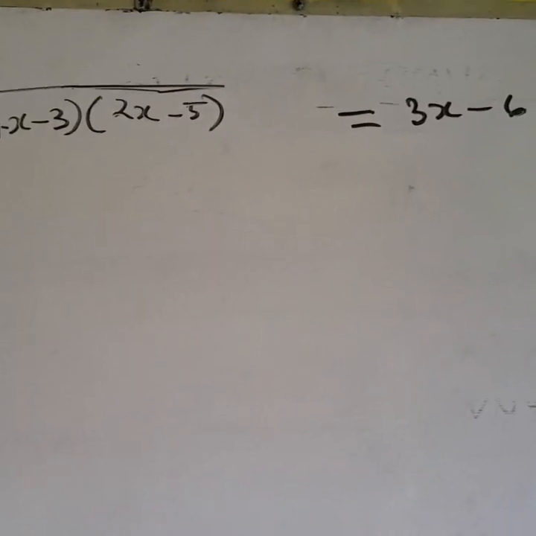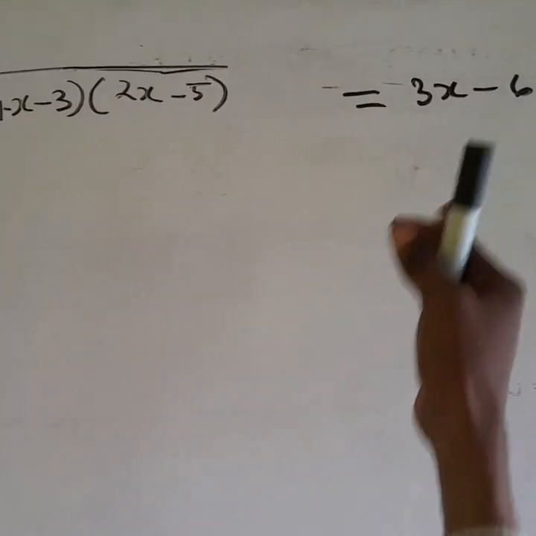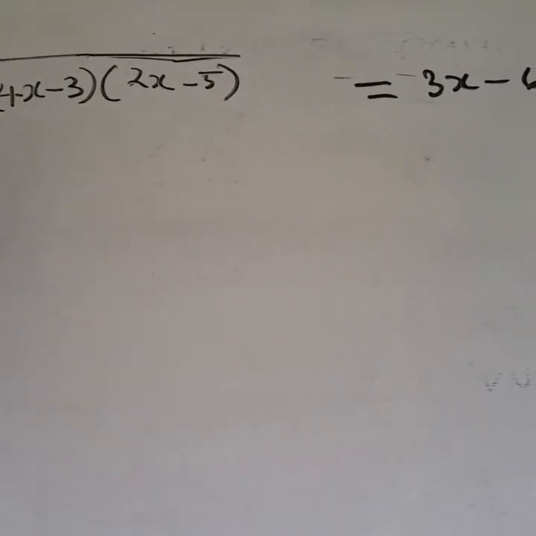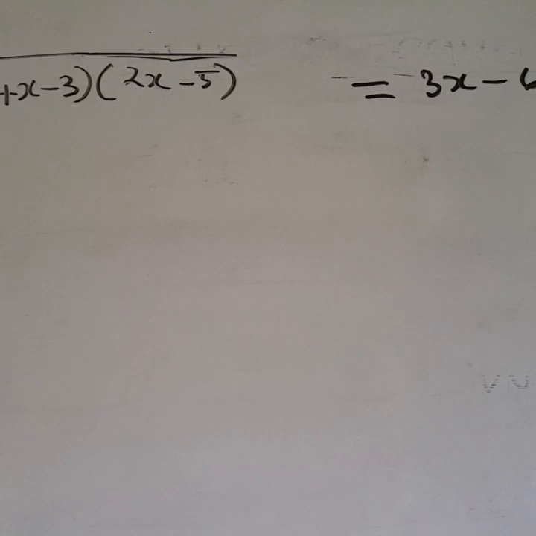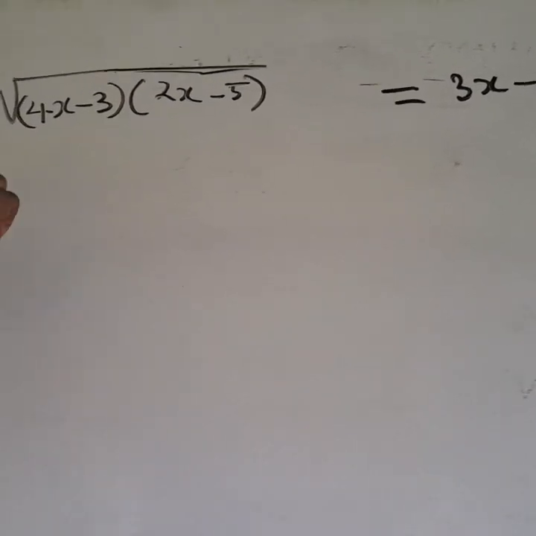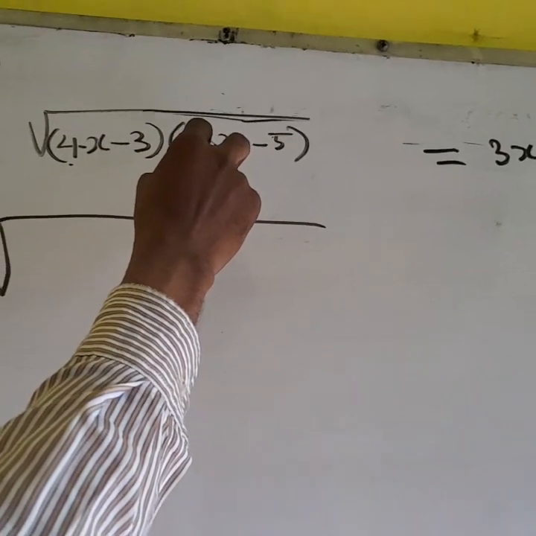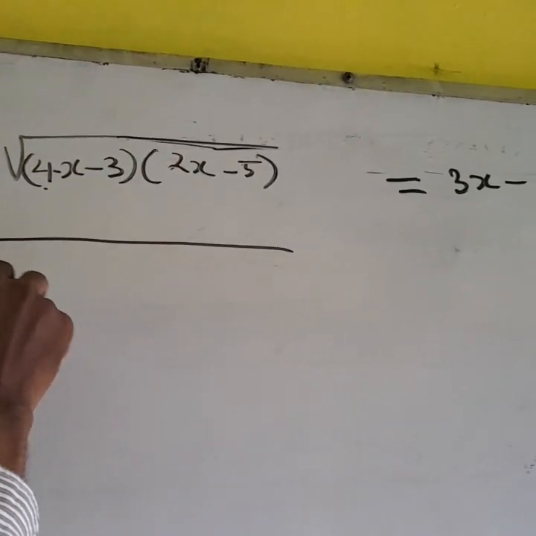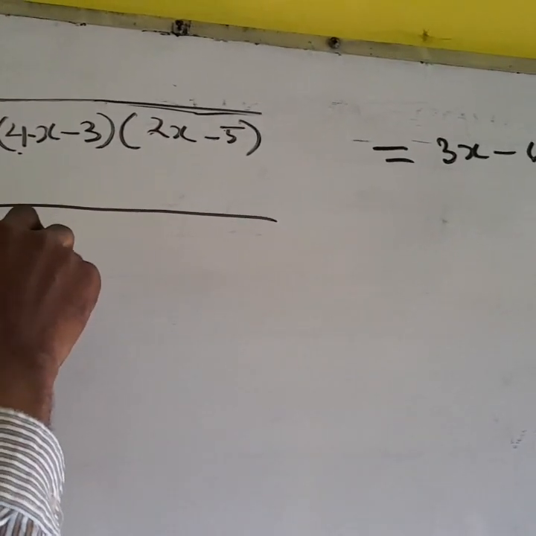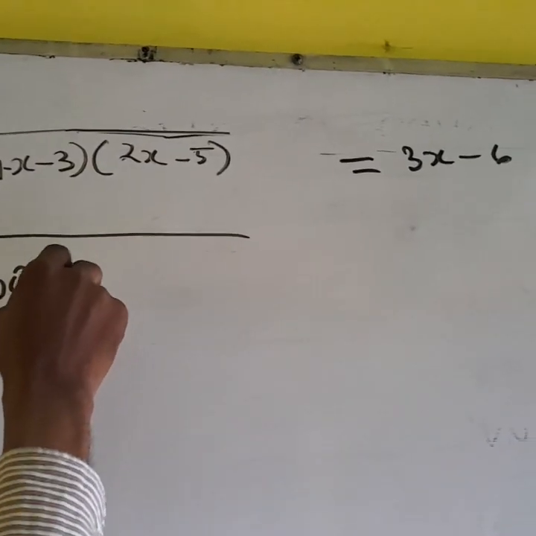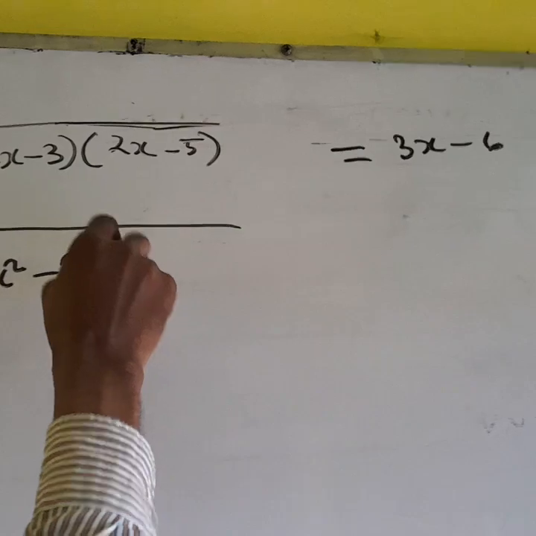Now since we've simplified the right hand side up to this point, we can go further to expand what is inside the bracket. Inside the bracket we have 4x times 2x, which gives 8x squared. 4x times minus 5 gives minus 20x.